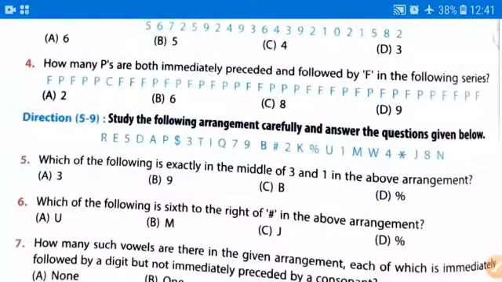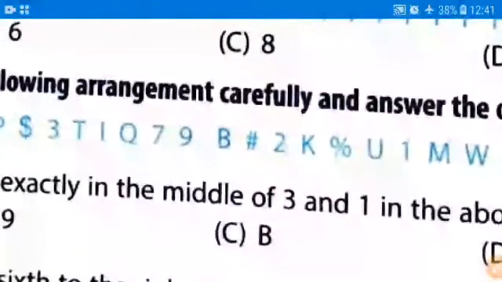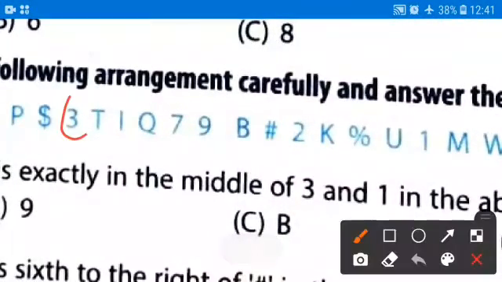Question number 5 is asking which of the following is exactly in the middle of 3 and 1 in the above arrangement. So first of all find out where 3 is and where 1 is. So this is 3, this is 1. Now we have to find the middle element between 3 and 1. So how many letters, symbols or numbers are there? 1 2 3 4 5 6 7 8 9 10 and 11.